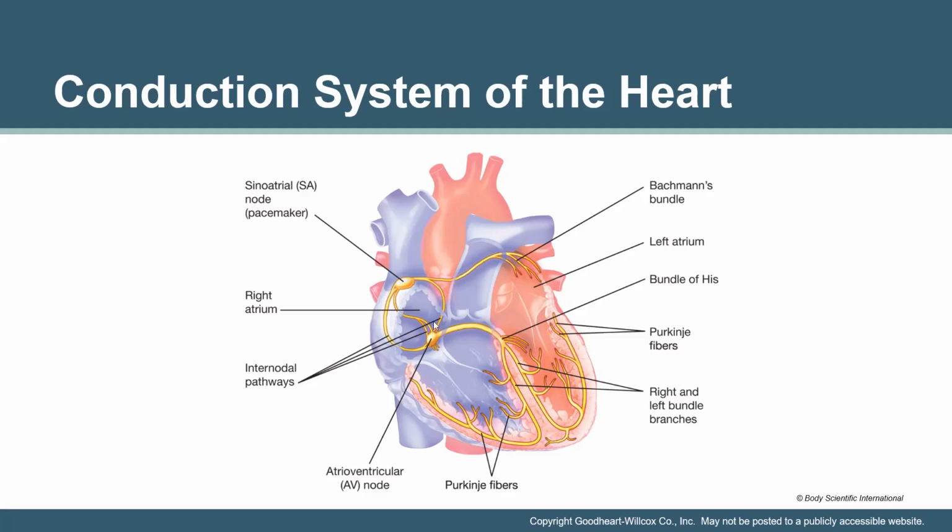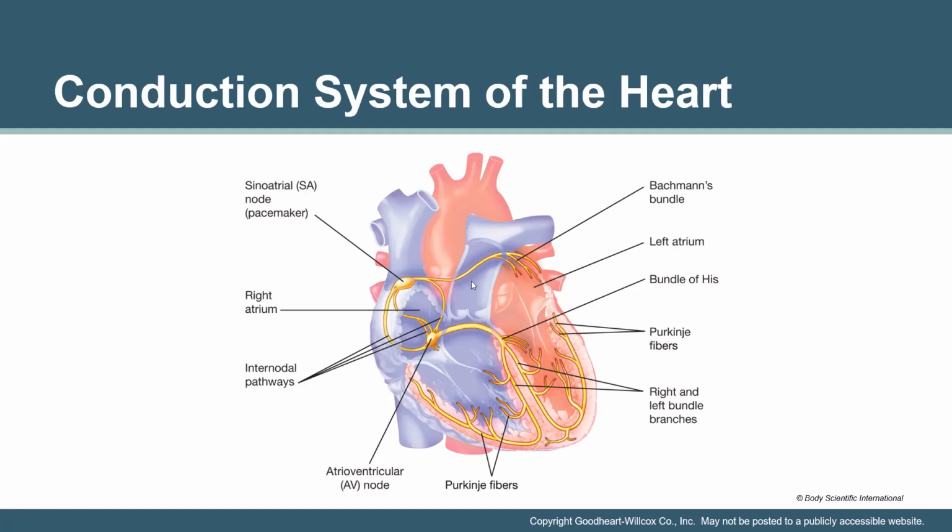This branch is called the bundle of His, and right at that point, it's going to break into the right and left bundle branches, which will then wrap around the ventricle on each side of the heart and end in what are called Purkinje fibers or terminal branches.